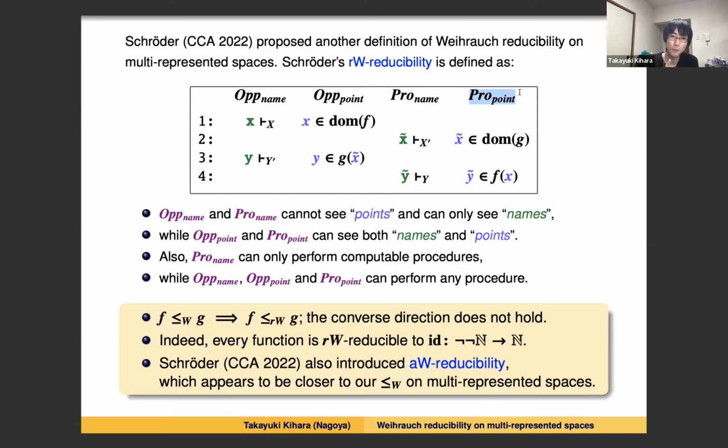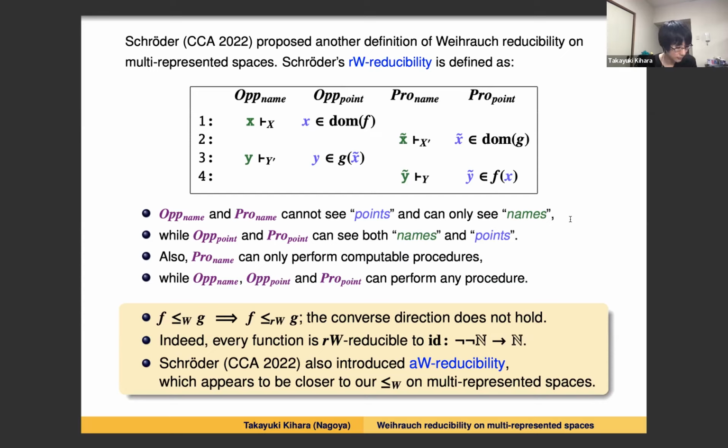However, there is one asymmetric part, where only the pro name needs to make a computable move, and the other players can make any move. So Schroeder's RW reducibility is defined in this way, and I think we will agree that it's very natural.